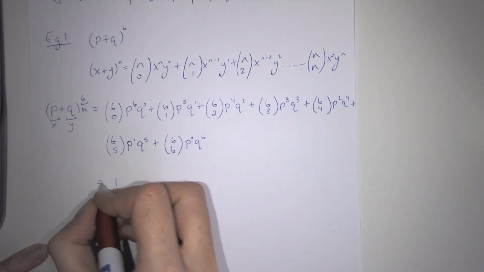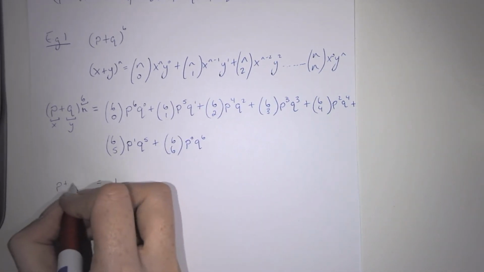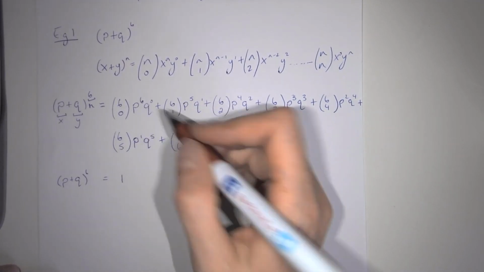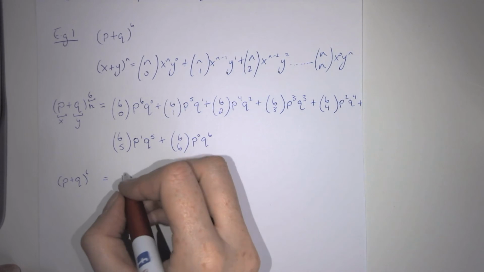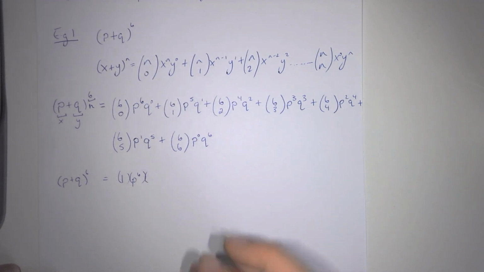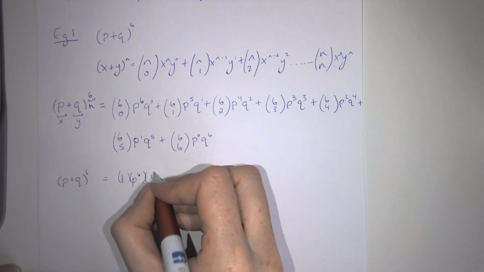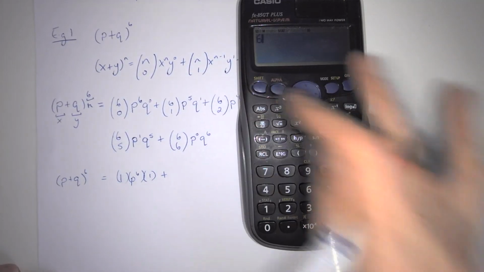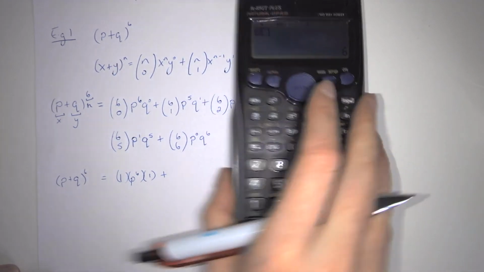So this is our next line down, p plus q to the 6. Then we've got a p to the 6, so it's 1 by p to the 6. And then q to the 0, anything to the power 0 is just 1. We keep going. So 6C1, which is 6.